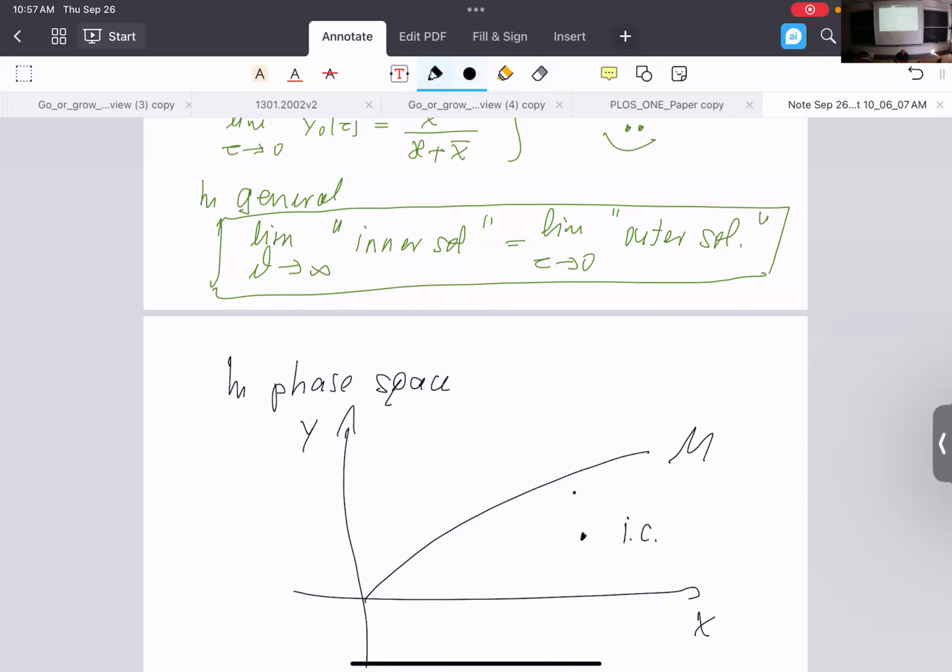So in this case, we go up straight to M, and then we settle on M, and then we follow M slowly. I do a double arrow to indicate fast, and one arrow to indicate slow. And then this is the dynamics. So this is fast, and this is slow. The slow happens on M, and the fast happens off M.